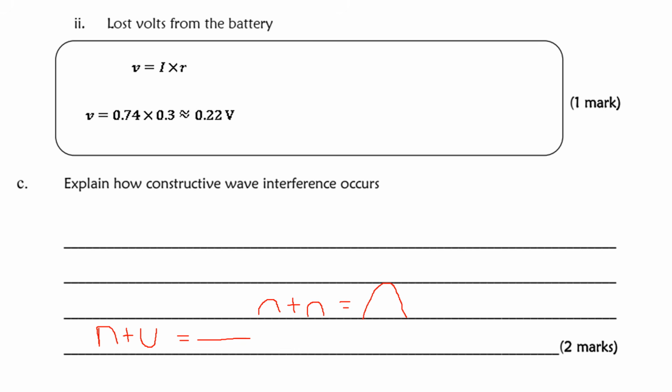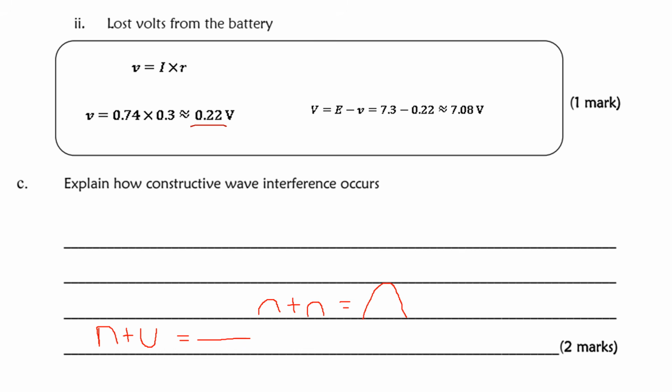So to find that, we simply have to multiply the current that we found, which is 0.74, by 0.3. This is the voltage which seems to be lost. So the actual voltage or potential difference across the resistor will be the difference between this and the EMF, which was given. That is going to give us the effective voltage.